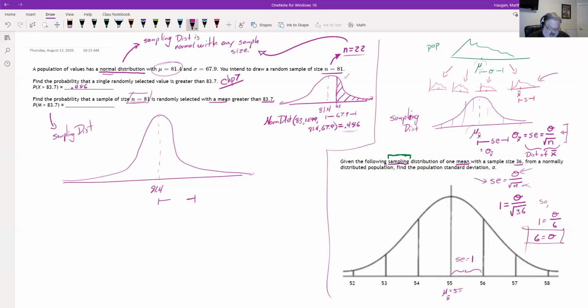We still want to know, okay, what's the probability of being greater than 83? But what's different in the sampling distribution is that this standard deviation is going to be significantly smaller than that 67.9. It's going to be the standard deviation of our sampling distribution, which we've been calling standard error. So how do we find that standard error? If only we had some nice little formula for it.